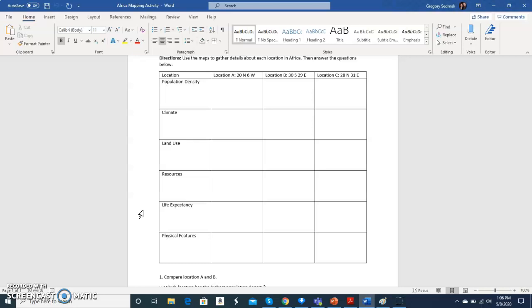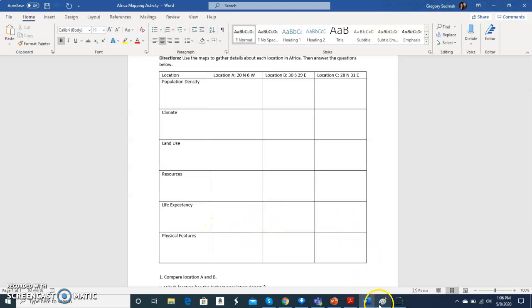Whereas if the life expectancy were comparatively low, you might question the availability that people have to healthcare and medical resources. And then finally, you're looking at physical features. So essentially, in your document, you need to describe all of these features of these 3 locations in Africa.